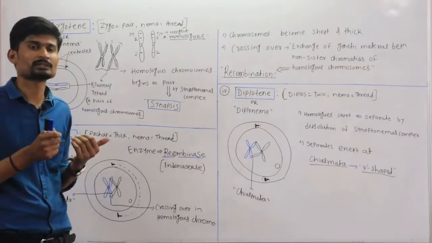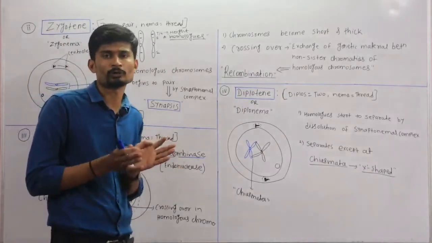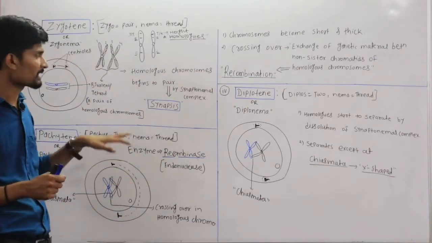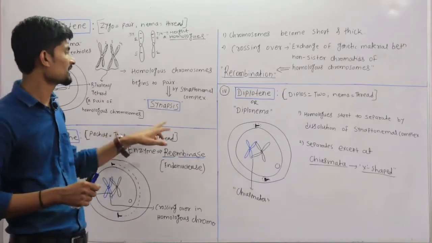So what is synapsis? Synapsis means pairing of homologous chromosomes. So this is the important point which happens in the zygotene stage, that is the synapsis.